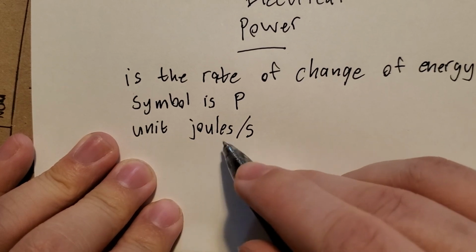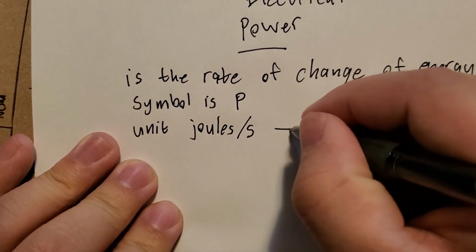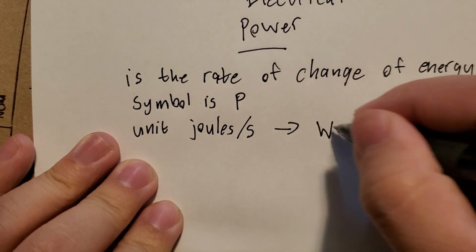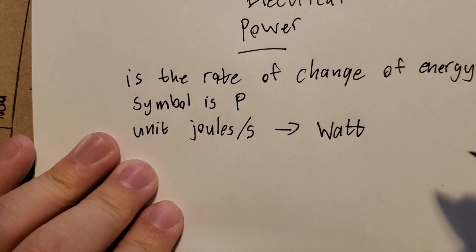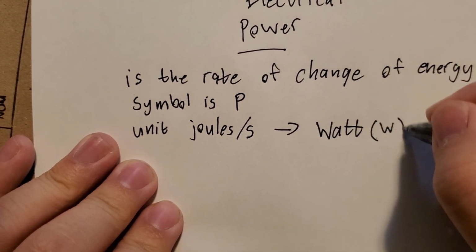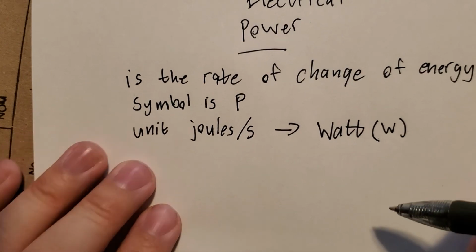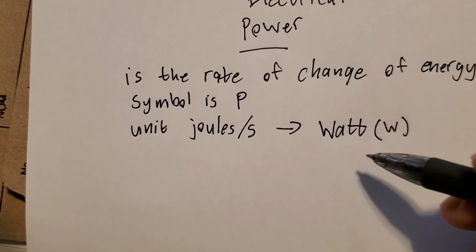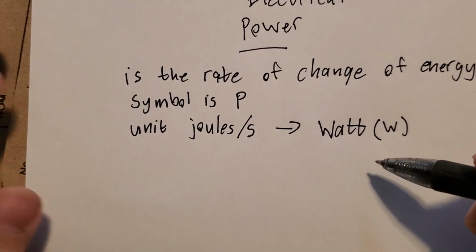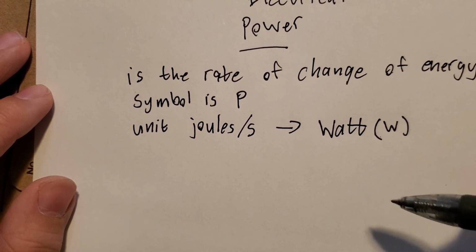So instead of calling it joules per second every time, because that would be a mouthful, we call it the watt, W-A-T-T, the watt. And we use a big W. You may recognize this word. It pops up on light bulbs all the time and on appliances and whatnot. So you may have already seen this word and just not known where it goes, but it basically tells you the rate of change of the electrical energy.